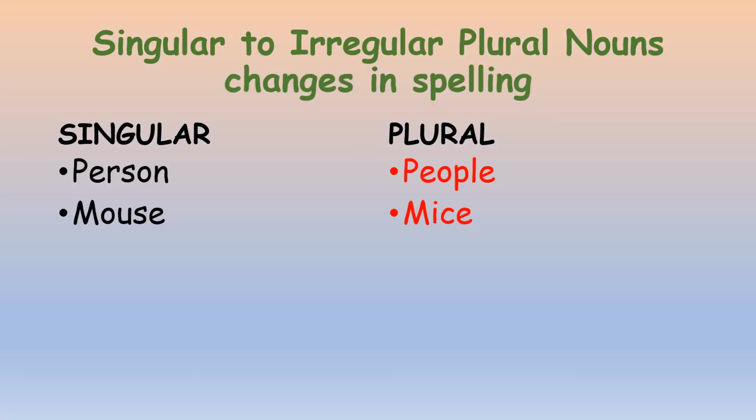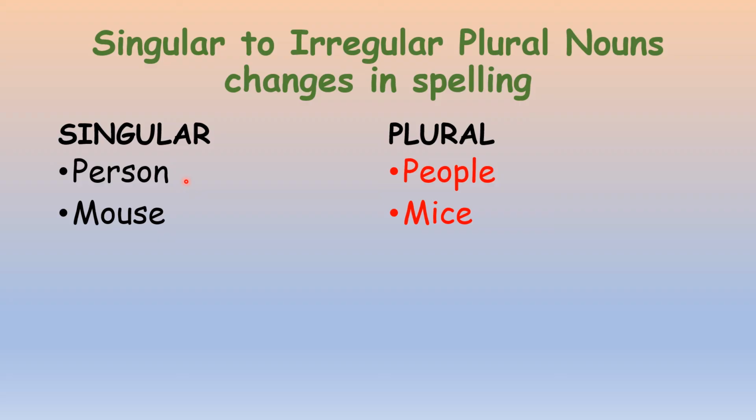In this slide, we are going to see how a singular noun changed into plural noun by changing the whole spelling of the word. And this is another example of irregular plural nouns. Okay, for example here, the first one is the singular word person.